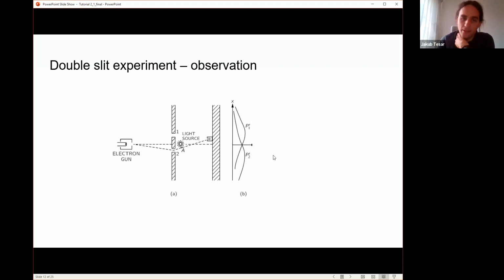But, and that's quite an interesting result of this experiment, if you leave both open, and you have information about which slit has been used by the electron, the interference effect is no longer there, and the pattern that you will see on the screen will be just the sum of the two, like it was the case for classical particles, like the bullets.